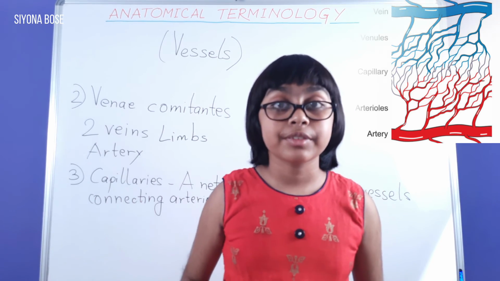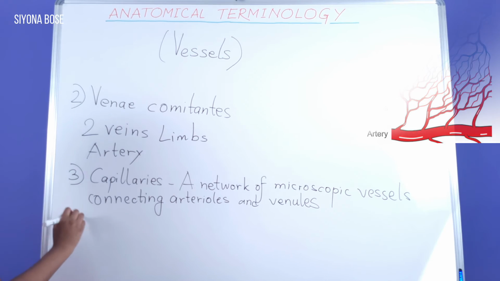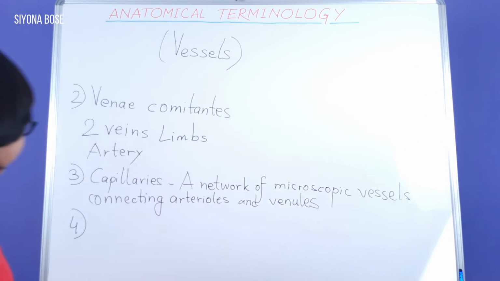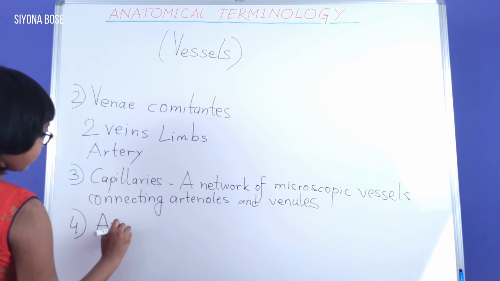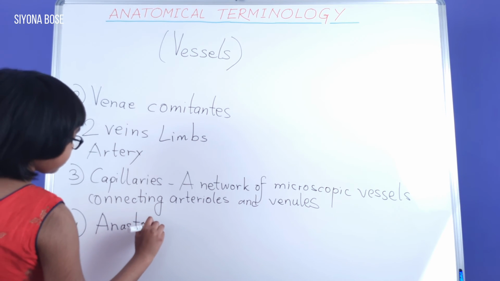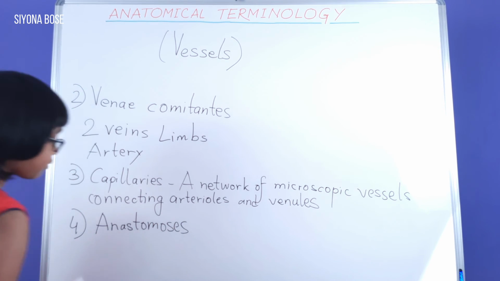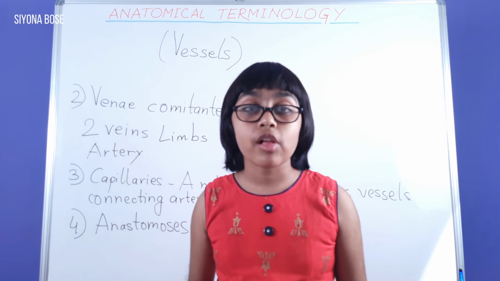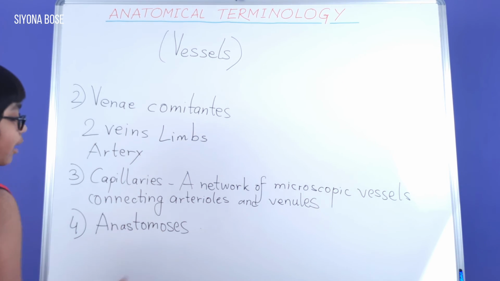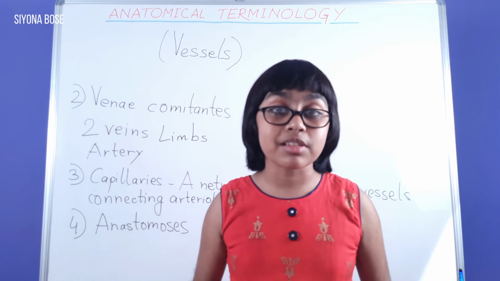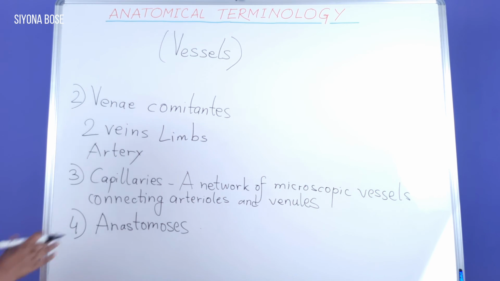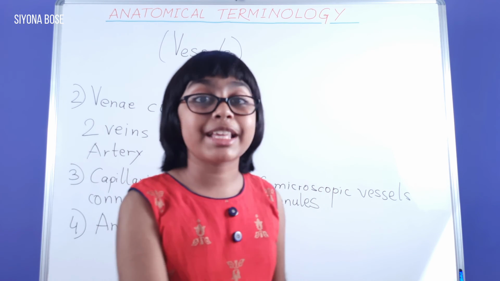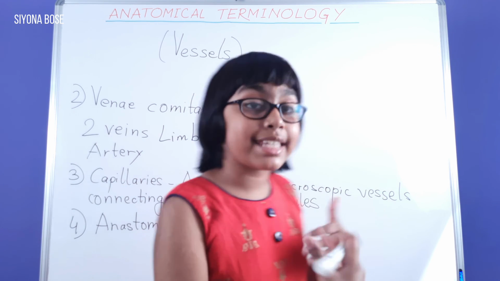Lastly, we have anastomosis. What are these anastomoses? Anastomoses are basically like the pre-capillary and post-capillary vessels. It means the vessels either before the capillaries or after the capillaries, where pre-capillary means before and post-capillary means after.